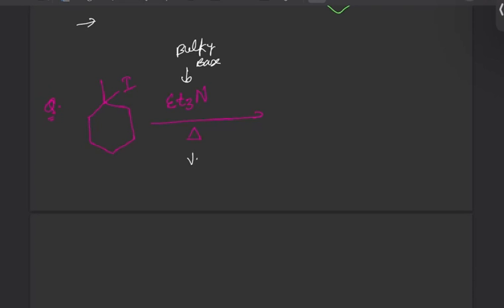In the case of a bulky base, if you remember, we were saying that there will be a possibility of Hofmann elimination. And if you are doing the Hofmann elimination, then the product will form from the less substituted position, and the less substituted position is this.